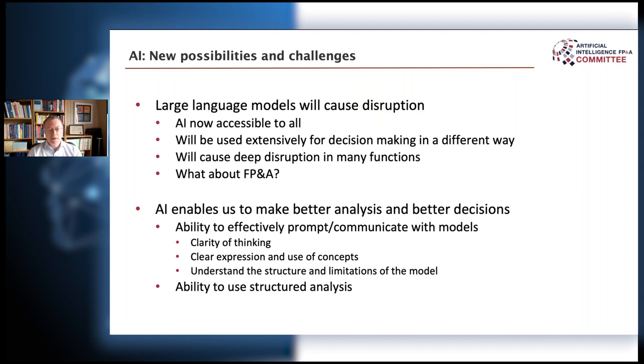We can ask questions, we can evaluate propositions and so on, just using natural language. We don't need any software, we just need a browser to use this. And we're already seeing it making inroads into more or less all areas in society. And it will be used extensively for decision making in a different way than what we have now.